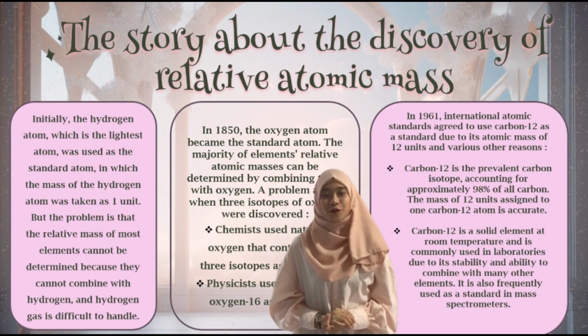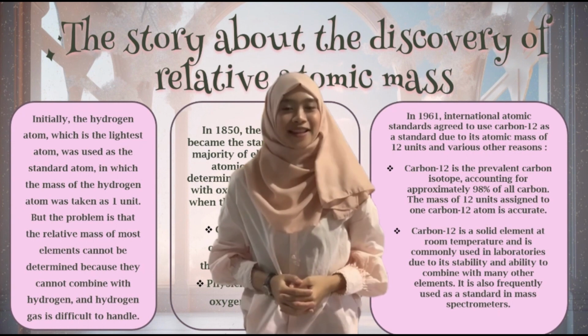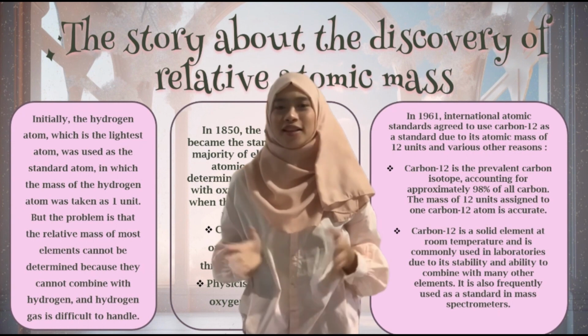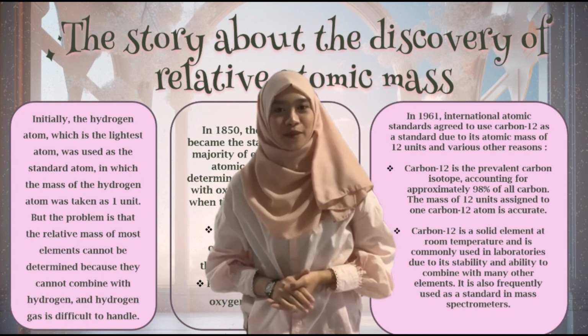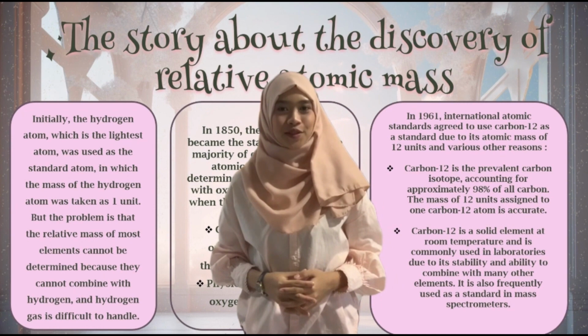It is also frequently used as a standard in mass spectrometers. So, that's the end of the story about the discovery of relative atomic mass. Let's move on to explanations and examples.